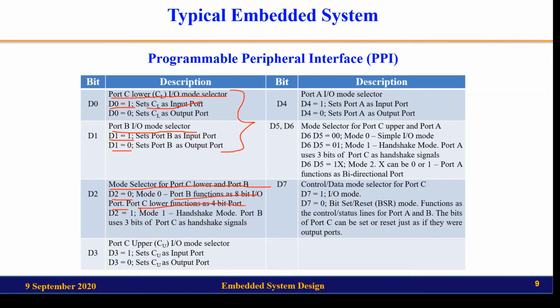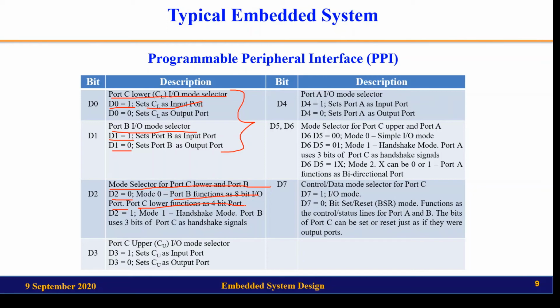Next, coming to the D4 bit, it is used for selecting the IO mode of port A. If we have that as 1, then port A is considered as an input port. If it is 0, port A is considered as an output port.